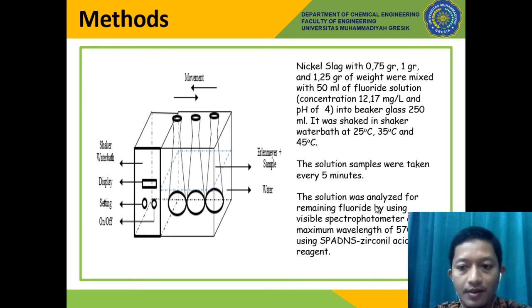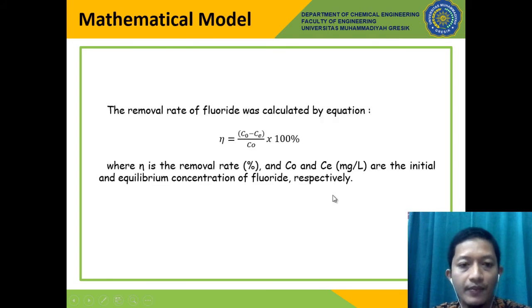The solution samples were taken every 5 minutes. And then I analyzed the remaining fluoride using a visible spectrophotometer at the maximum wavelength of 570 nanometer using SPADNS zirconium acid reagent.